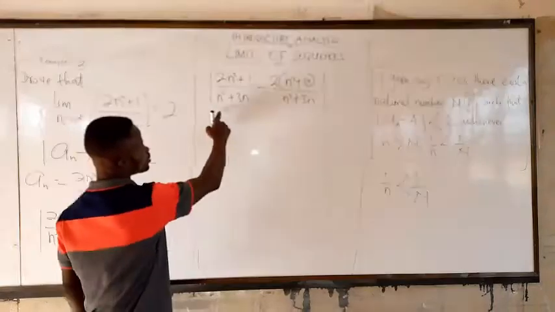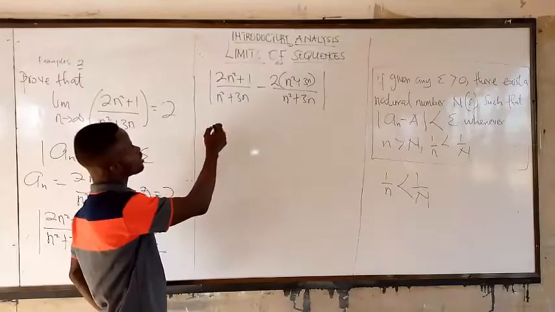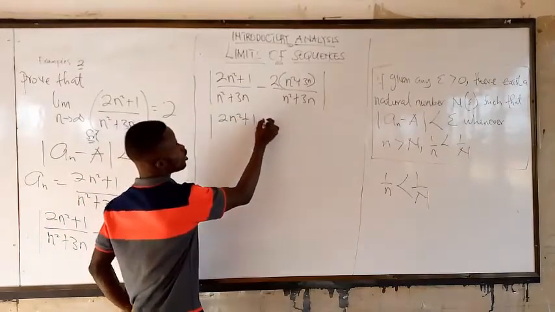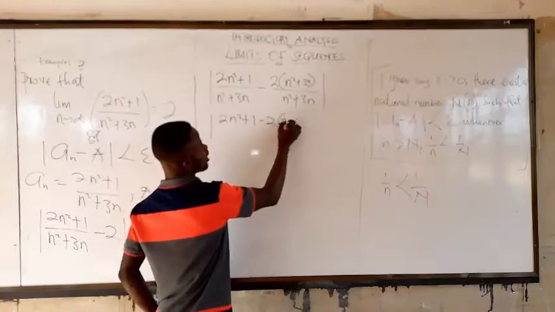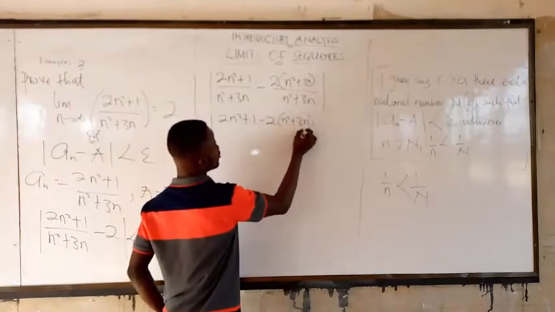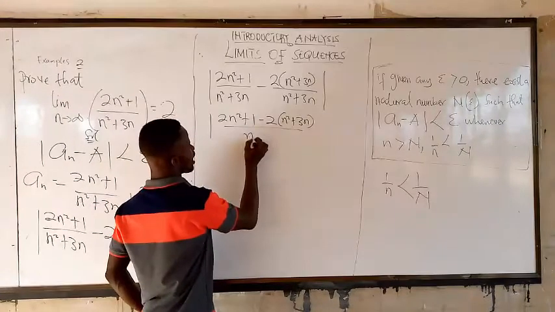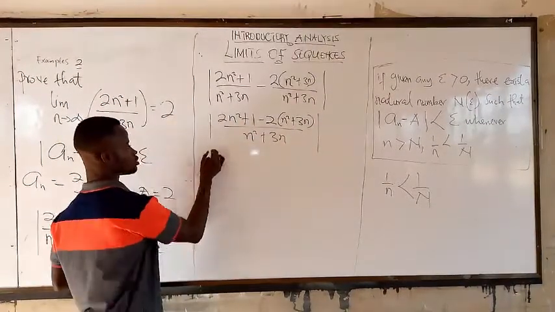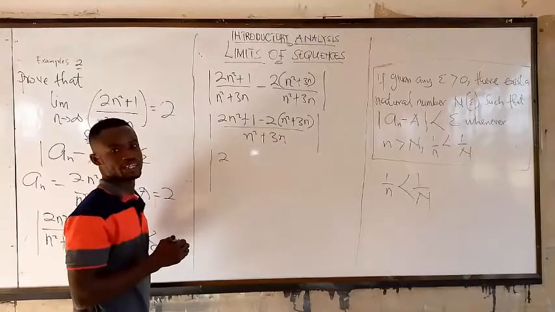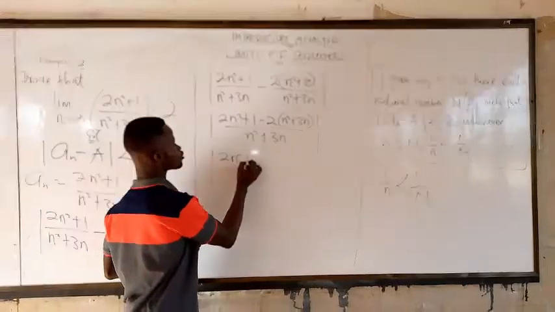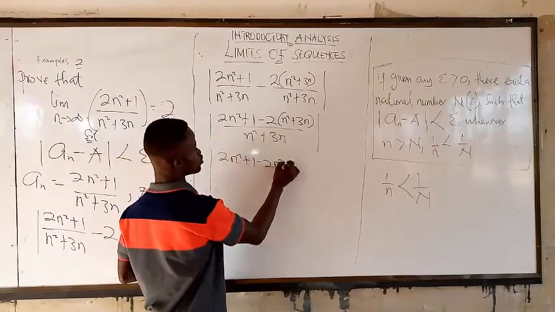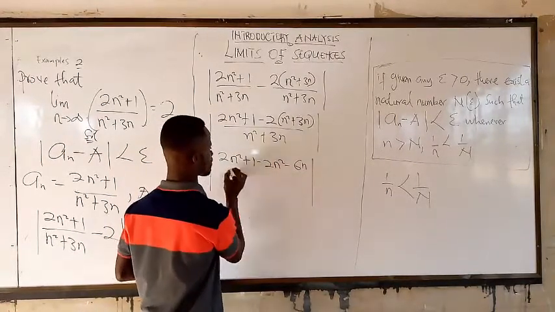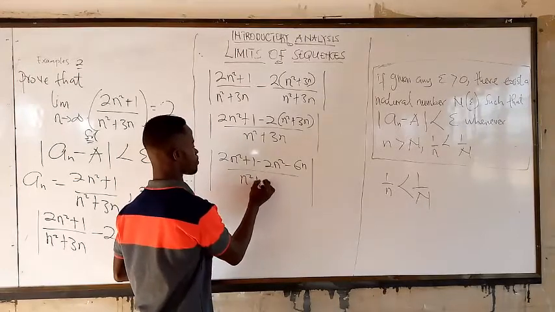Then you see what we have here. That is 2n squared plus 1 minus (2n squared plus 3n times 2), all this over n squared plus 3n. And the numerator only is going to give you 2n squared plus 1 minus 2n squared minus 6n, all over n squared plus 3n.